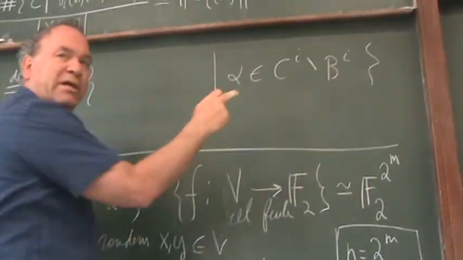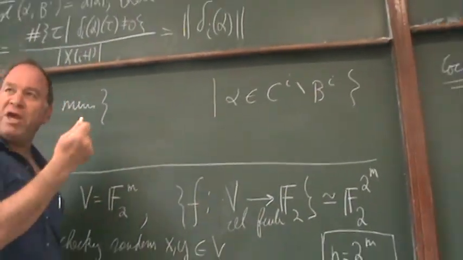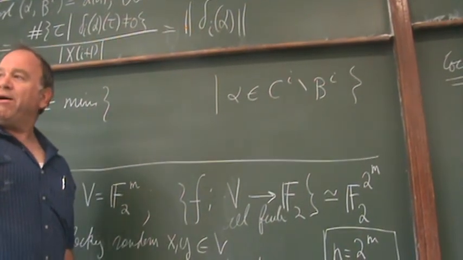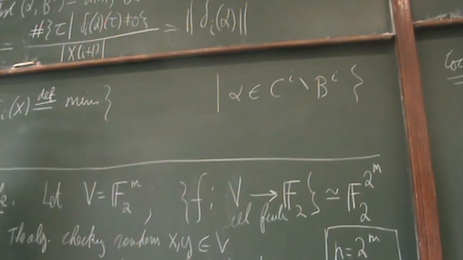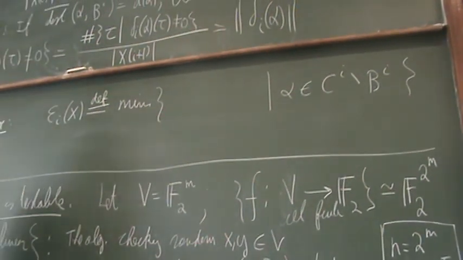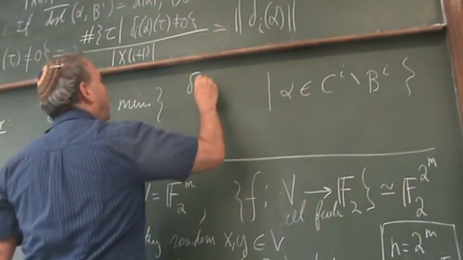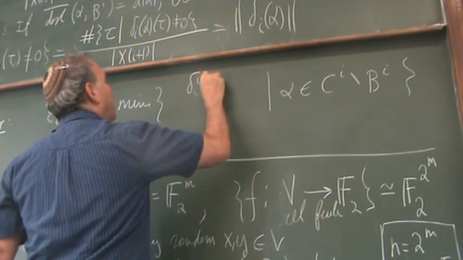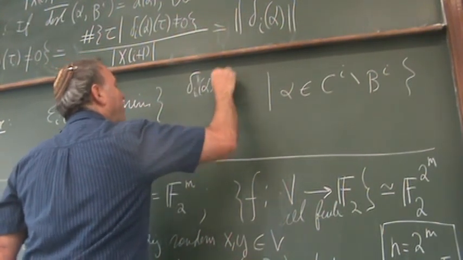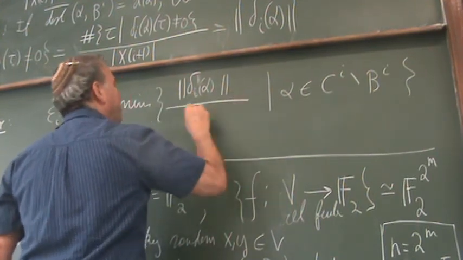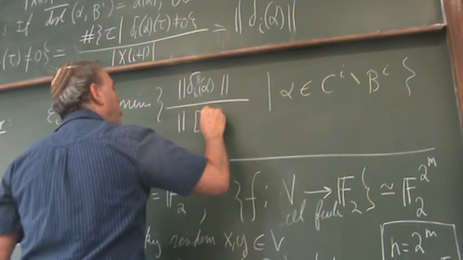This is the case I'm treating: cochains which are not coboundaries, those where the algorithm is supposed to fail. It is the minimum of the norm of delta I alpha divided by the norm of alpha coset.